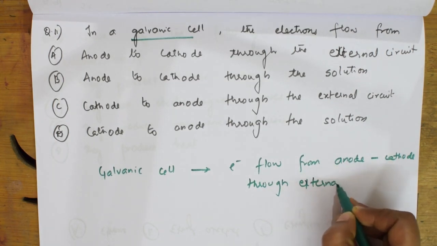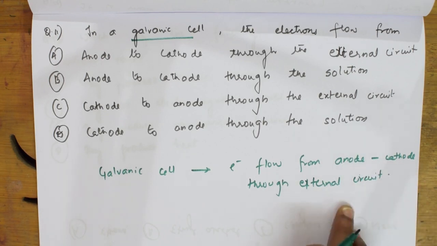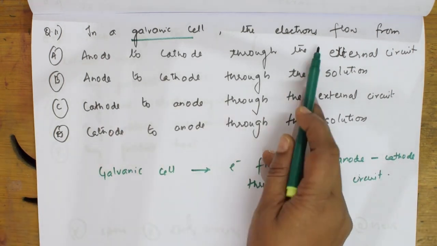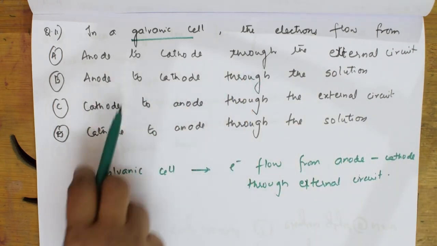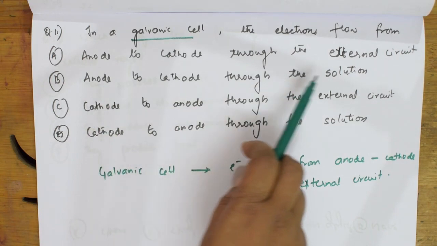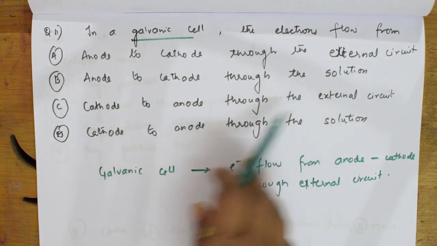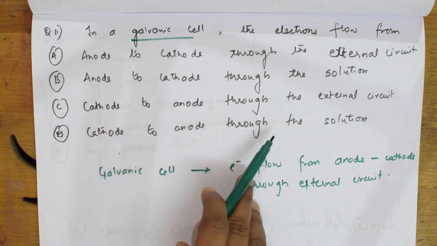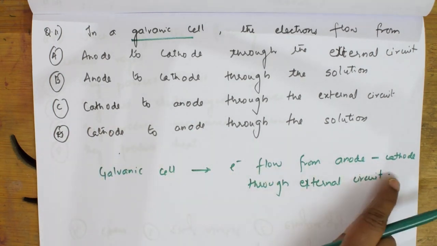Right, students? So they asked us electrons flow from where? Let's see the options. Anode to cathode through external circuit. Anode to cathode through solution, this is wrong. Cathode to anode through external circuit, that is wrong. Cathode to anode through solution, wrong. Basically here electrons flow from anode to cathode.